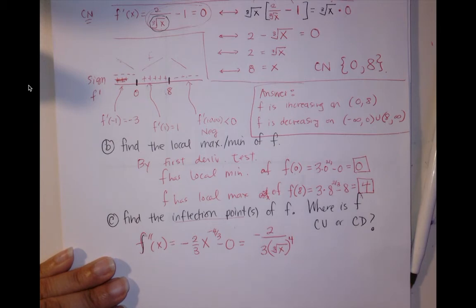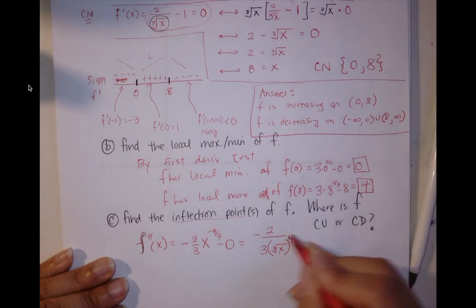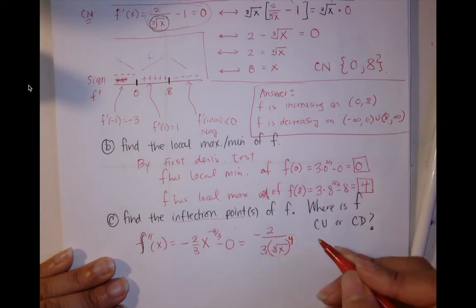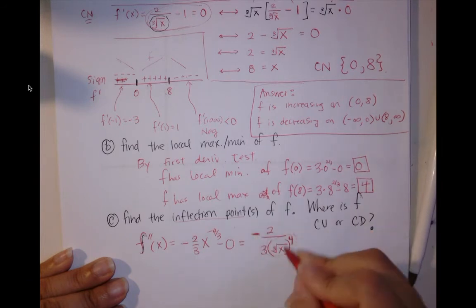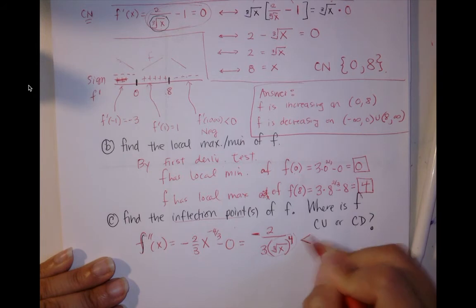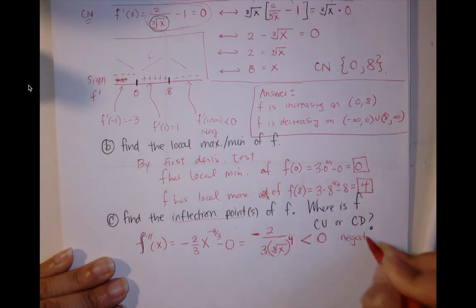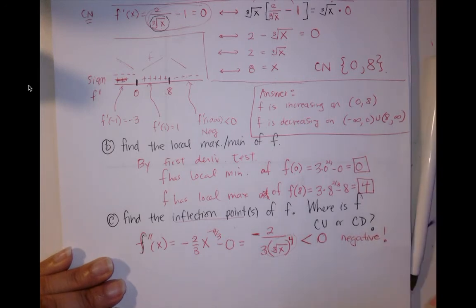Okay, so the first thing I realize about this is that this part is always positive because we're raising this to the 4th power. And I also notice that I have a negative out here. So as long as x isn't 0, this quantity is always going to be negative. Maybe at 0 it's not, but the second derivative is always negative.